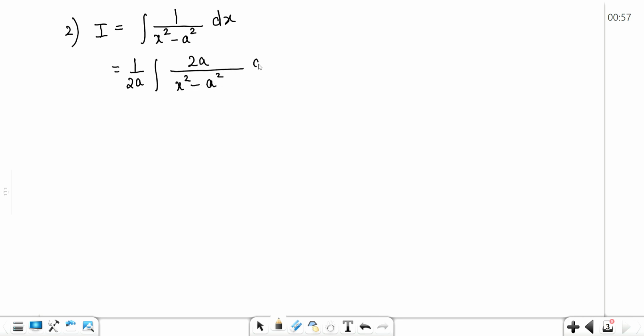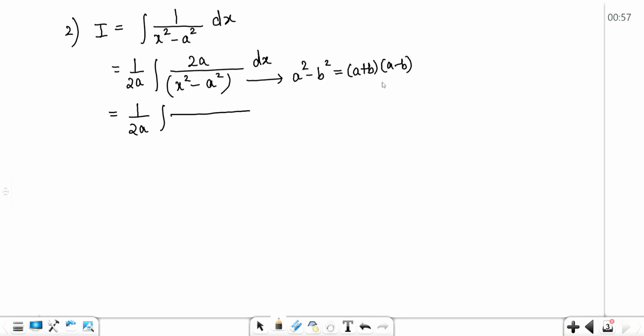Now further, we again have to take the integration. In the denominator we can apply the formula a square minus b square, which is nothing but a plus b and a minus b. So the same thing can be applied here, that is x plus a and x minus a, and here it is 2a.